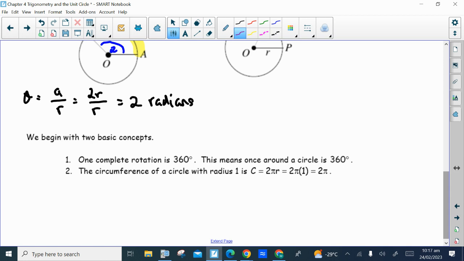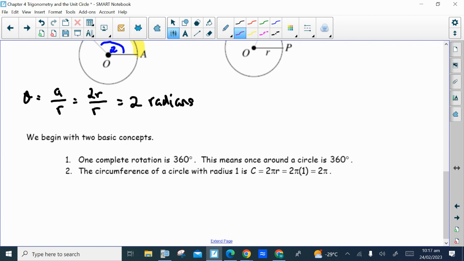So we'll begin with 2 basic concepts. 1 complete revolution of a circle is 360 degrees. So once around a circle is 360 degrees. The circumference of a circle with radius 1, and remember that formula for circumference is 2 pi times r.